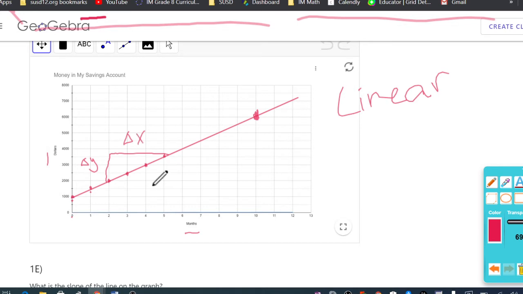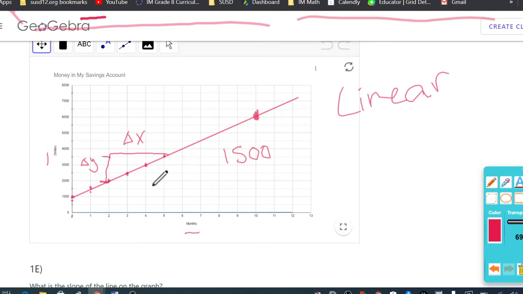Let me just draw this segment right here. From this segment, from 2 months to 5 months, the change in y is 1,500. The change in x, hold on, I'll write that down. The change in y is 1,500. If I'm looking correctly, from 2,000 to 3,500.